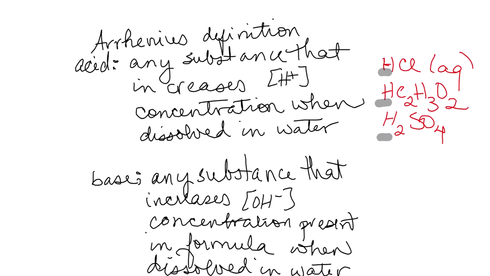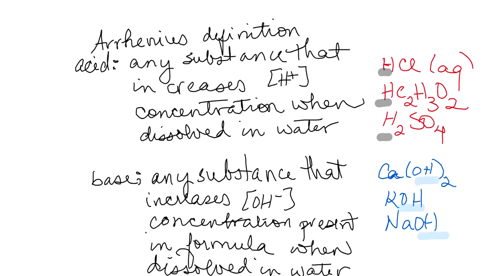If we look at the bases based on the Arrhenius definition, they would be like calcium hydroxide, potassium hydroxide, sodium hydroxide. So the hydroxide is present, and that is what lends it to be a base.